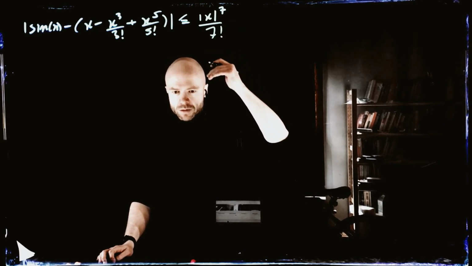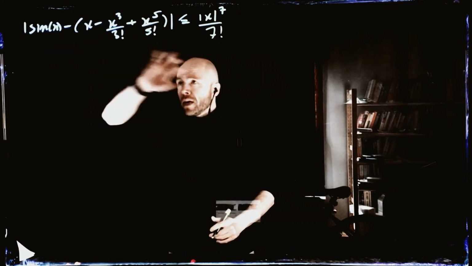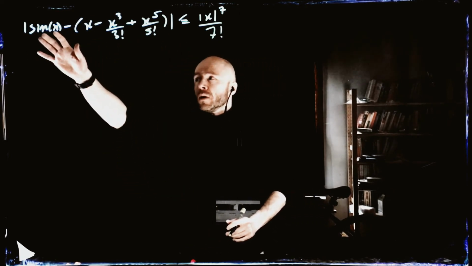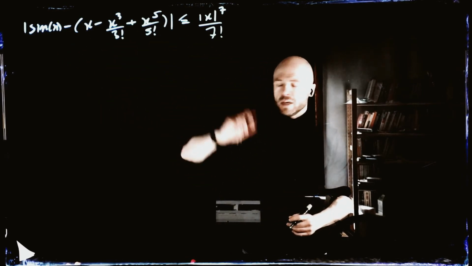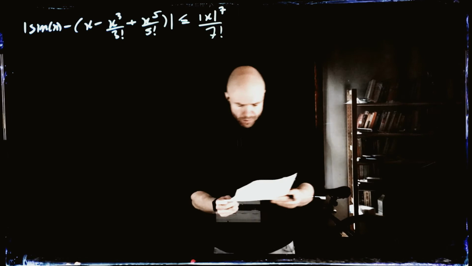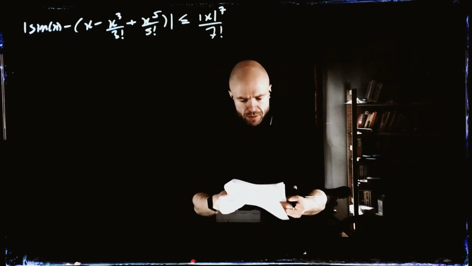Yeah, that's what we know. And what are we asked? We are asked what values of x allow us to approximate sine with this 5th degree Taylor polynomial to within this small error of 0.00005.